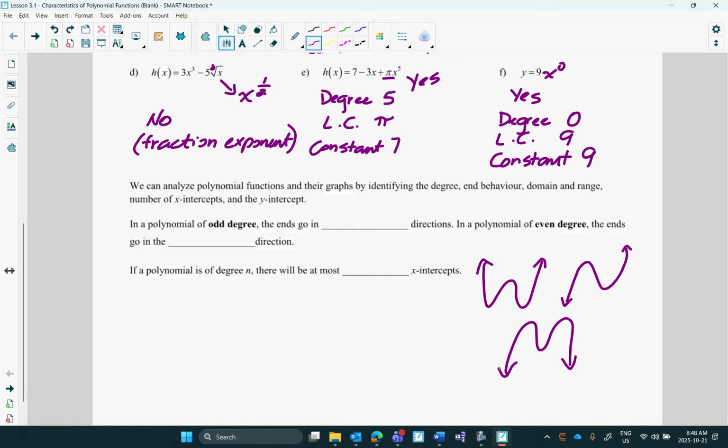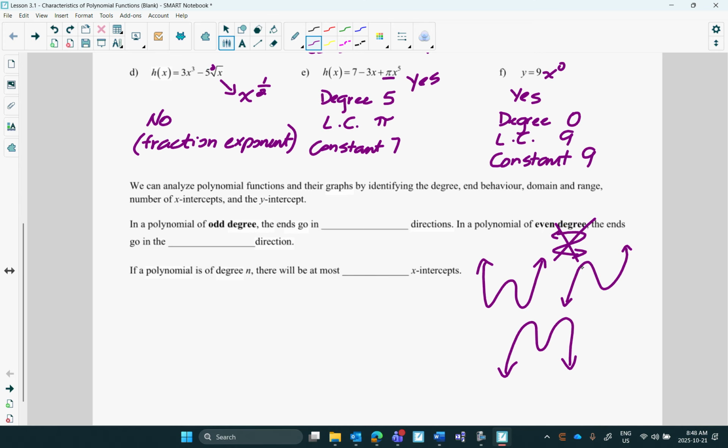And when we talk about their end behavior, we talk about what's happening at the ends of the graph. Okay? And two things are happening. Either they're going up into a certain quadrant, if we graph them, or they're going down. There's no other way. I mean, we can't have one that looks like this.